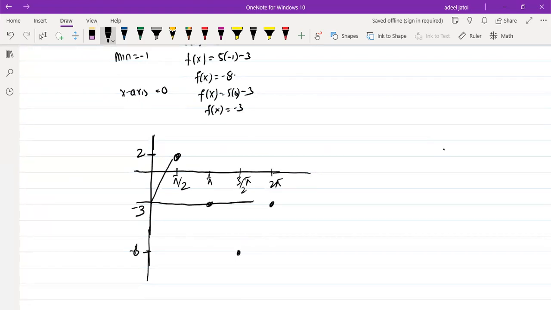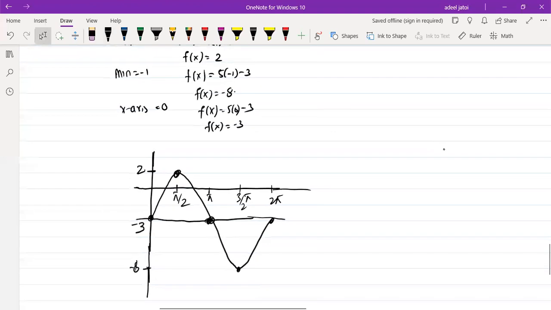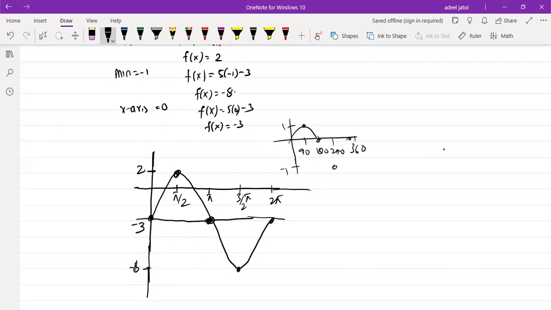So we start from minus 3 because the graph is of sine, and we move down at 3π/2. The original graph of sine has 90, 180, 270, 360, with maximum value 1 and minimum value minus 1, and 0, 180, 360 are on the x-axis.